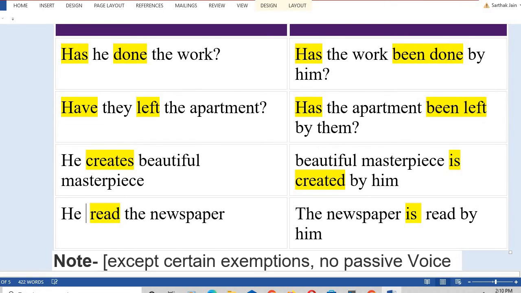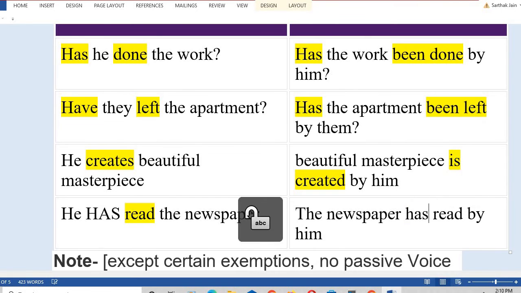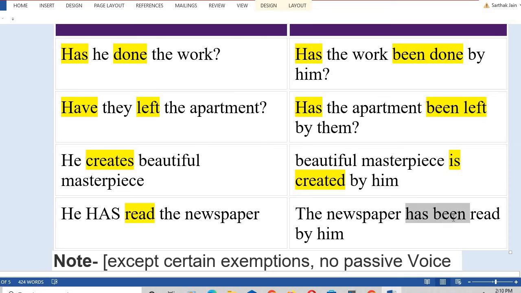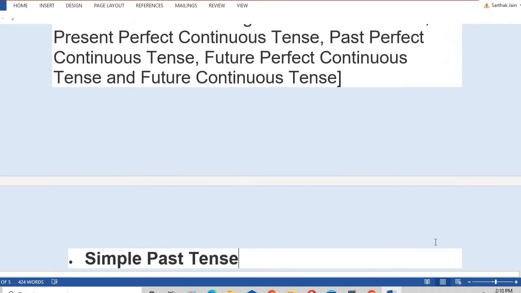It should have been: he has read the newspaper. Let it be highlighted in capital letters: the newspaper has been read. So you have to be very clear in the usage of the verbs. Let me highlight it in blue shade so that you can understand.